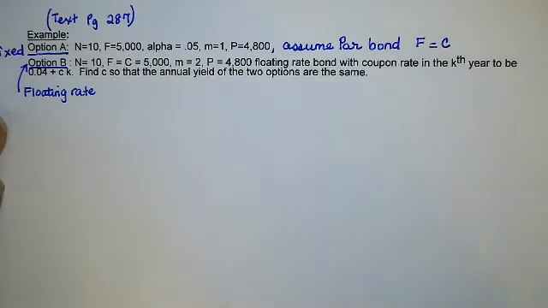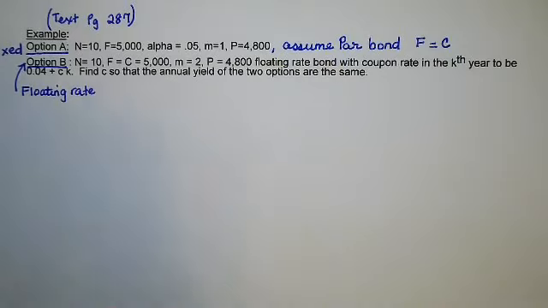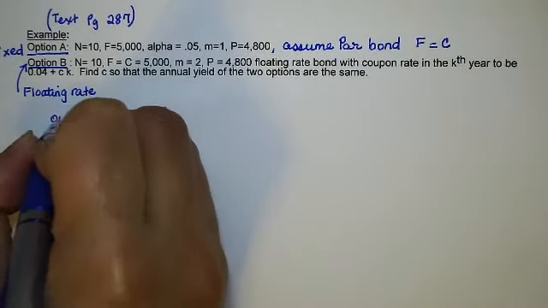Floating rate bond with coupon rate in the kth year to be 0.04 plus C times k. Find C so that the annual yield of the two options are the same. Okay, let us begin with option A.